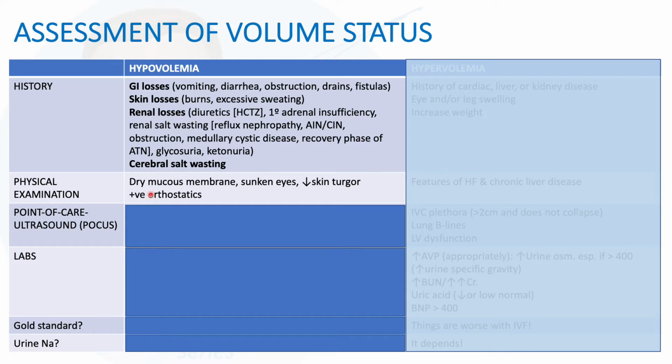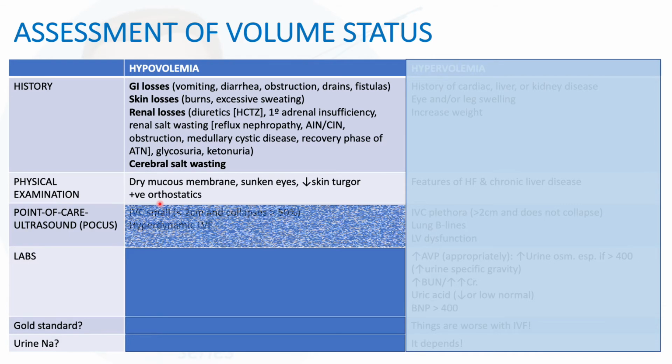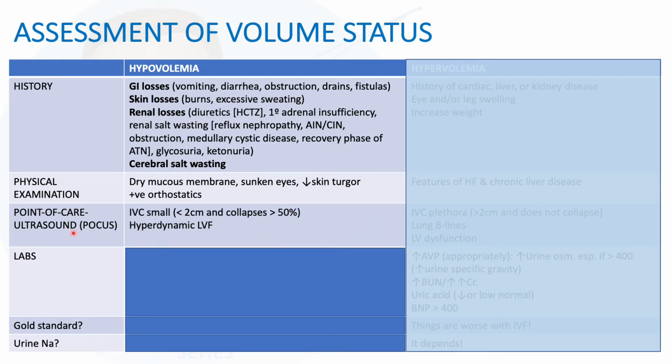But you're still going to look for physical findings like dry mucous membranes, sunken eyes, decreased skin turgor, and you will check orthostatics to see if the patient has orthostatic hypotension or tachycardia. We talked about how point of care ultrasound can recently be really useful. You might look at the IVC, inferior vena cava, to assess the diameter.